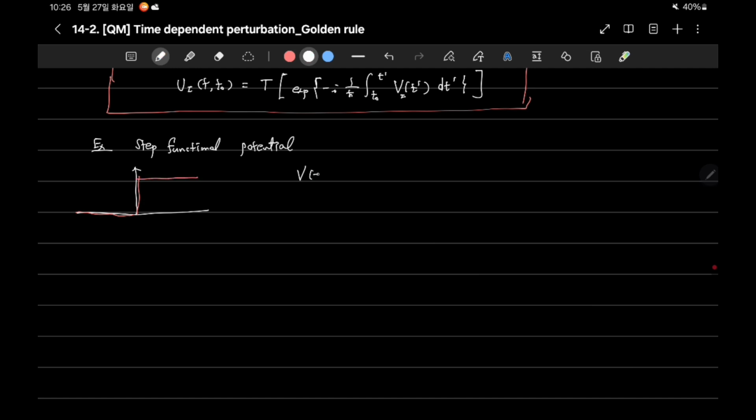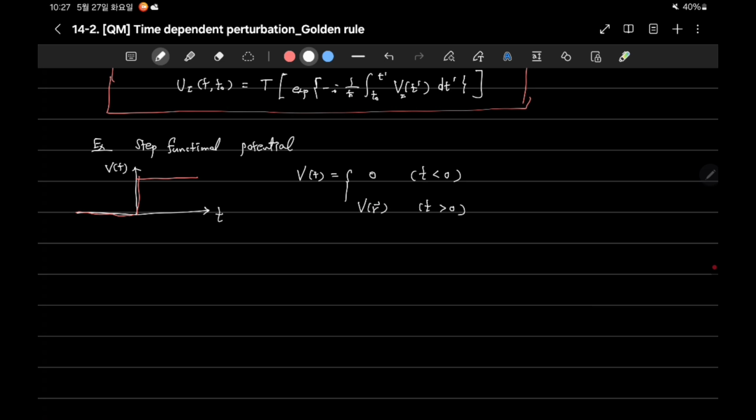At first there is no potential; it is not x but t, V(t). In the previous case there was no potential, but from t equal to 0 a finite V is applied at r.